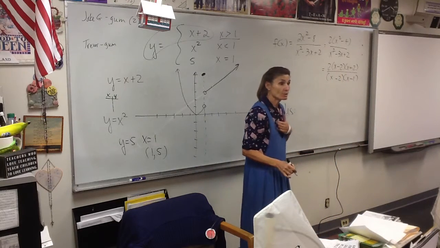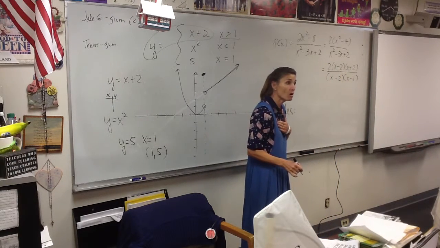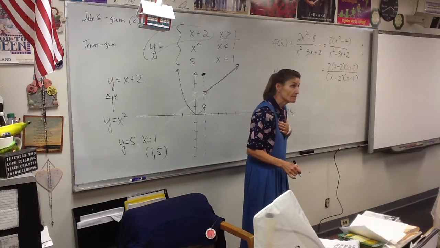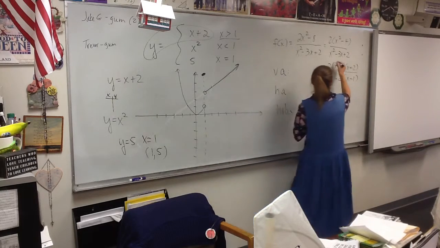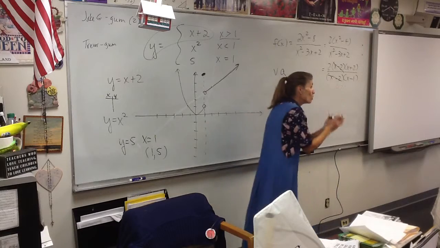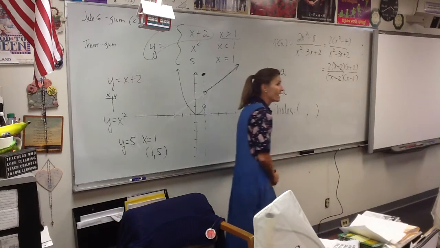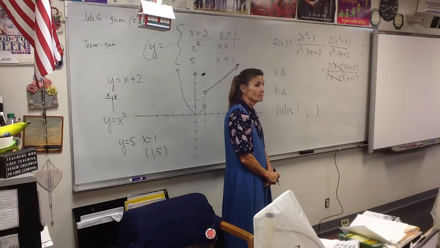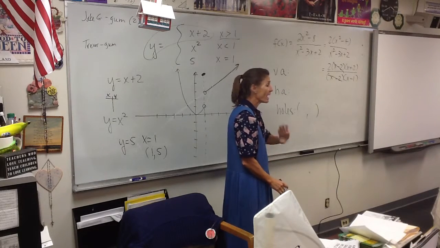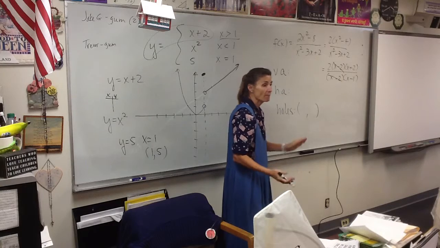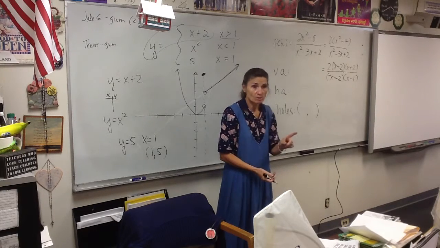Now our little hearts are pitter-pattering because we can cancel. And the moment you cancel, you know you're going to have a hole. Holes only happen one way. They happen when you cancel. No cancel, no hole.